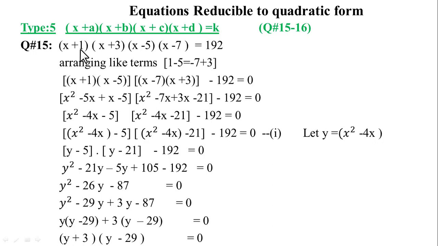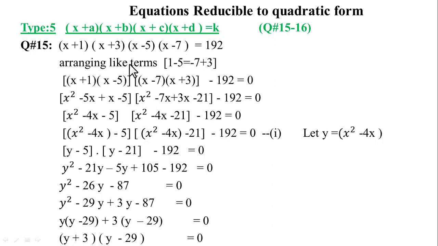If we add 1 plus 3, it is 4, but minus 5 and minus 7 is minus 12. So here we can arrange the like terms. Like terms mean both have the same answer. So 1 minus 5 is equal to minus 4 and 3 minus 7 is minus 4.